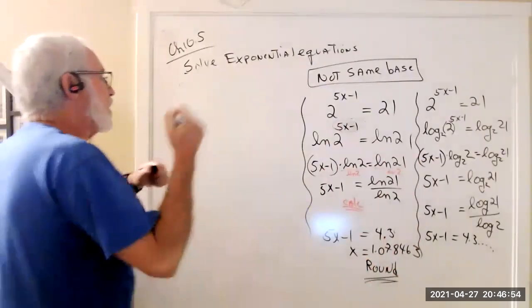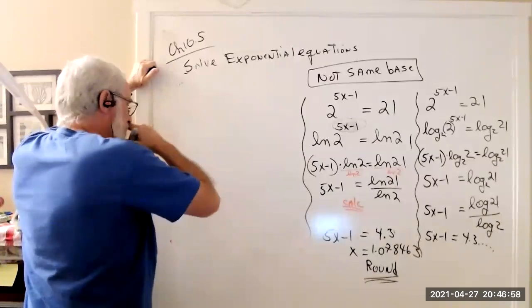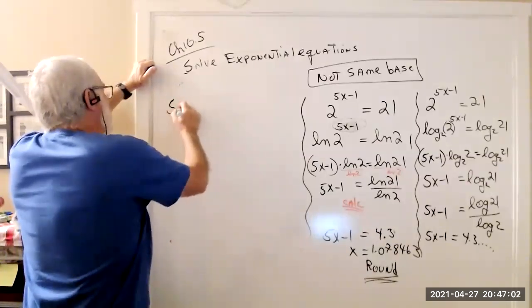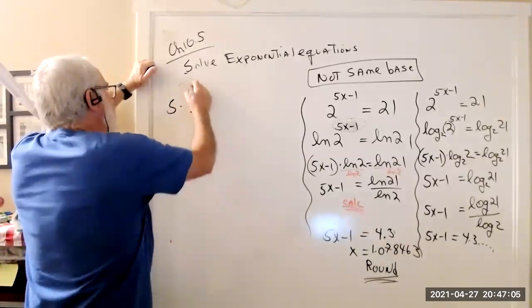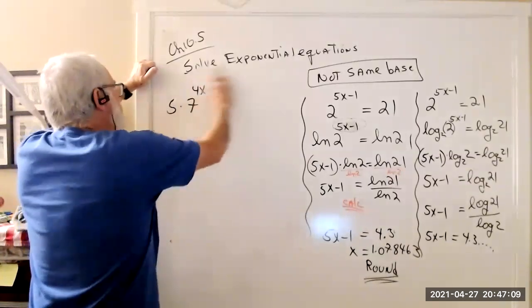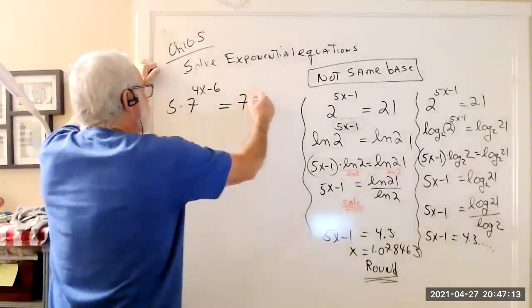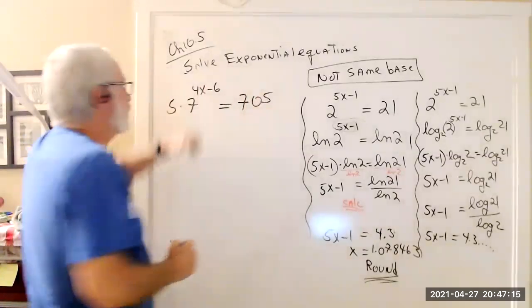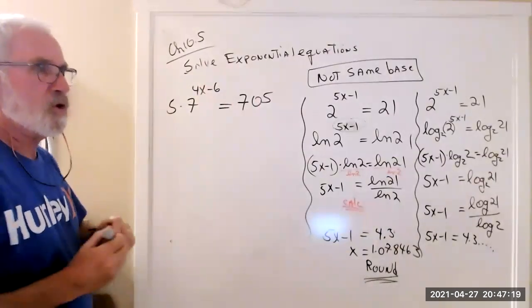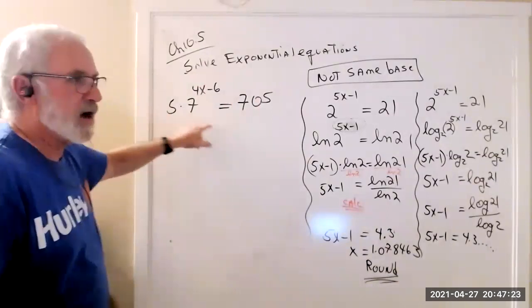So here we go. I'm gonna make this a little bit more awkward. 5 times 7 to the 4x minus 6 equals 705. Now, wait a minute. Before you get started on this, you can't use any of your log laws until you get rid of the 5.